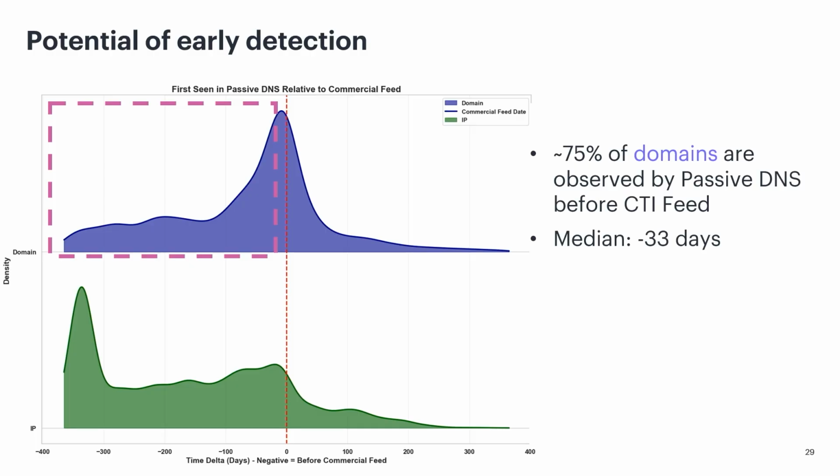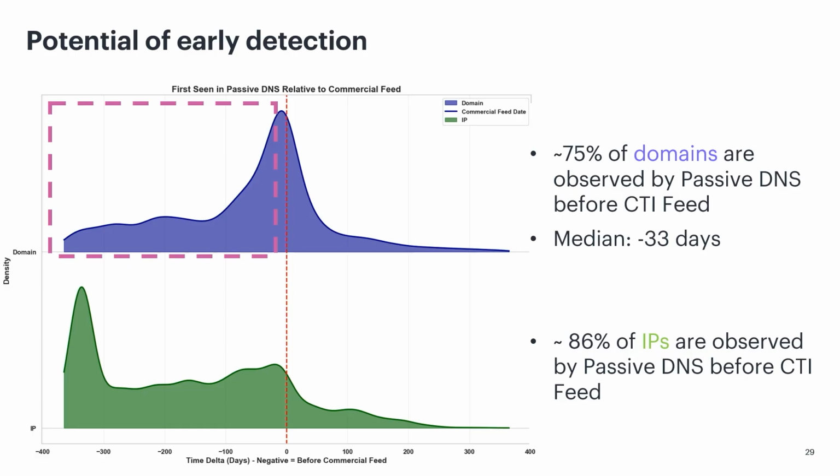If you're talking about the domain names, 75% of the domains are observed before they show up in the threat indicator feed. That's the potential for us to grow the threat indicators using amplification. And the median there is about 33 days. So we should be able to know, with 75% coverage, about a month before a domain name gets used in an attack. What about IPs?